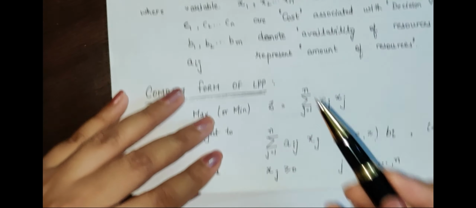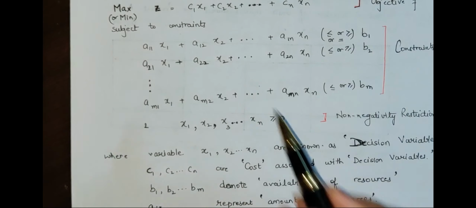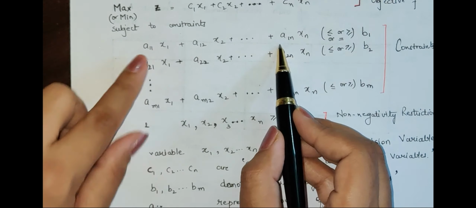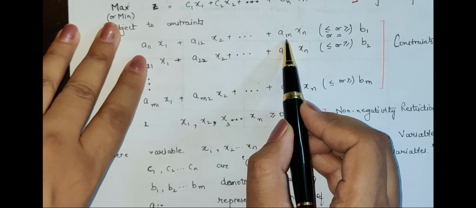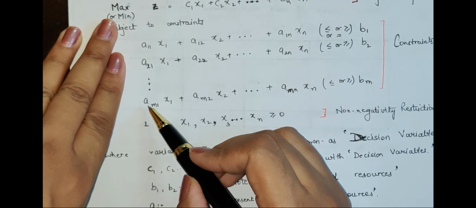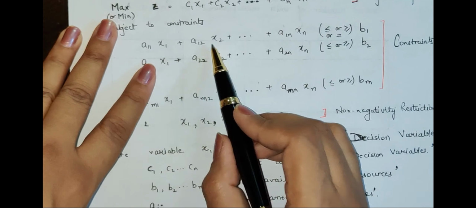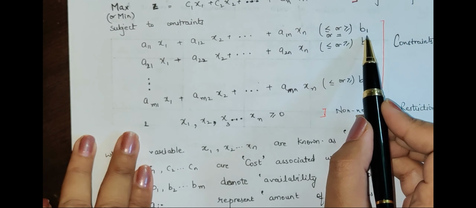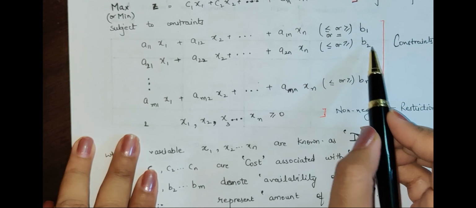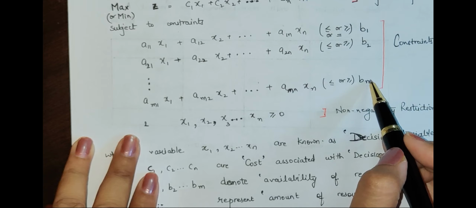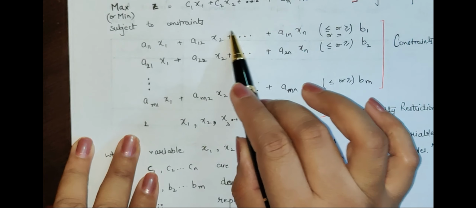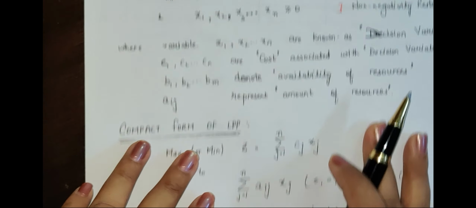Okay, next comes the constraints. Subject to constraints was written like this: a11, a12, a1n. I was using the symbol aij to represent all the a's, and then I have the same x1, x2, xn, and the right hand side is represented by b1, b2 till bm. So it means there are m equations, and I will give a representation for the first equation. How do I write it?